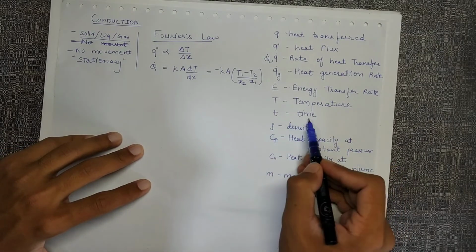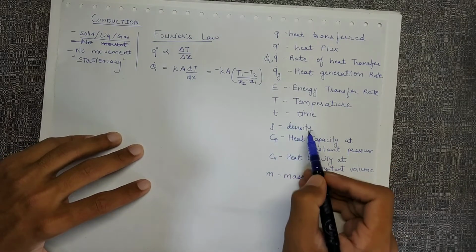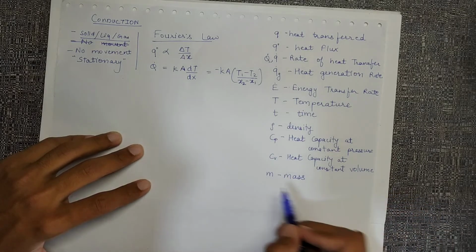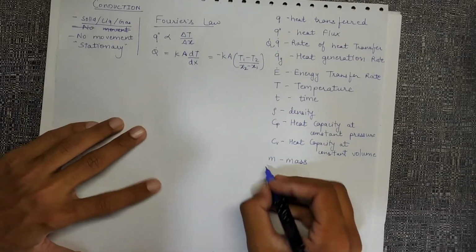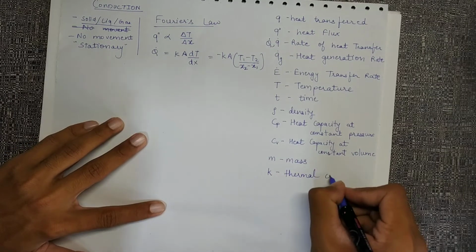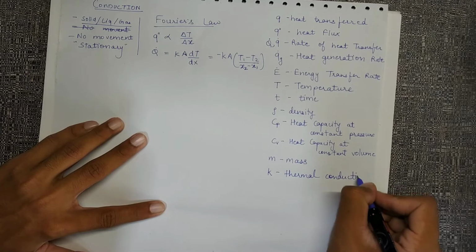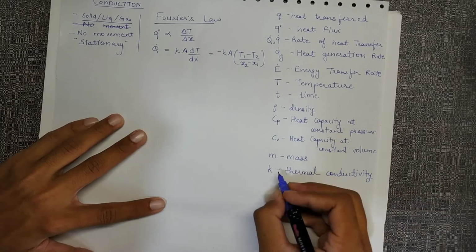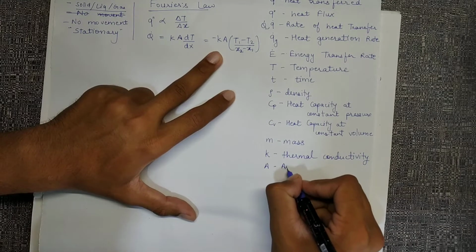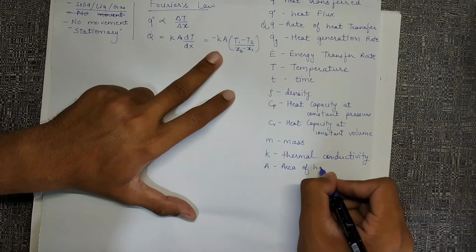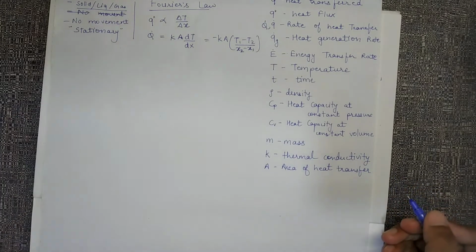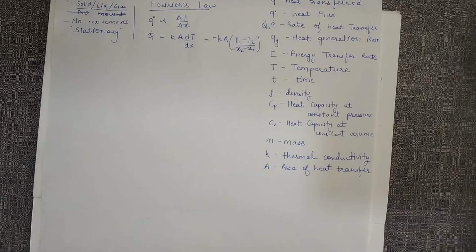T is temperature, small t is time, rho is density, Cp is heat capacity at constant pressure, Cv is heat capacity at constant volume, m is mass. One more thing added, K, which was thermal conductivity, and A, which was the area of heat transfer through which heat transfer is happening. Okay, so this is the revision.